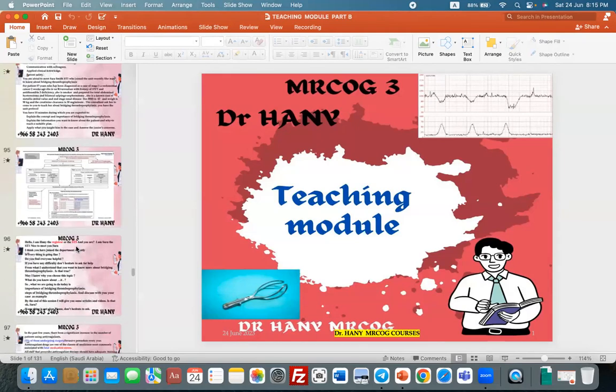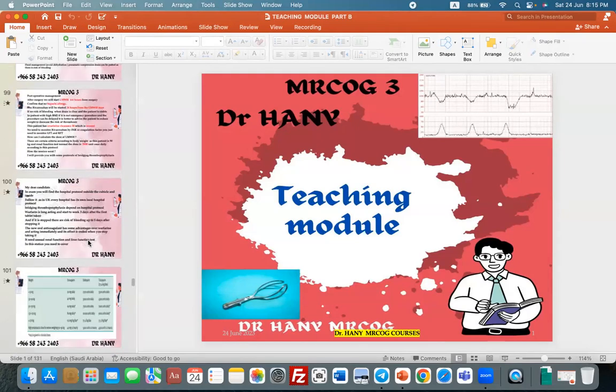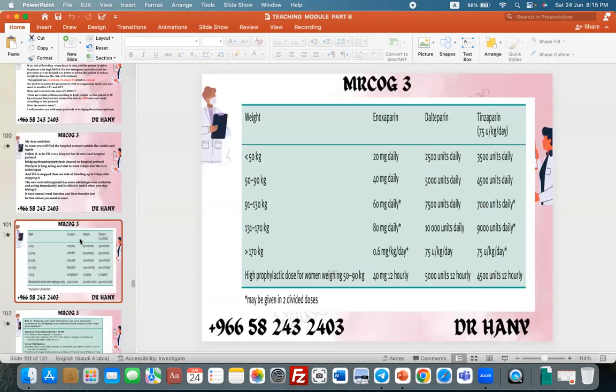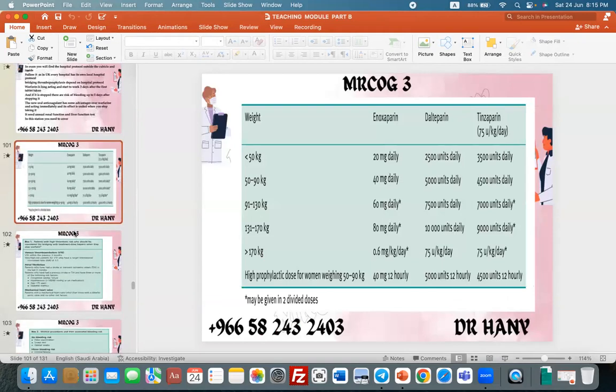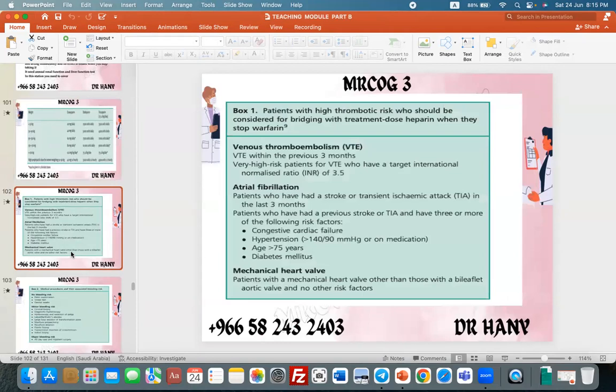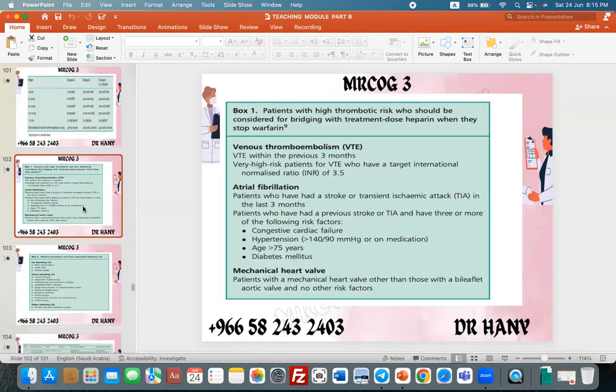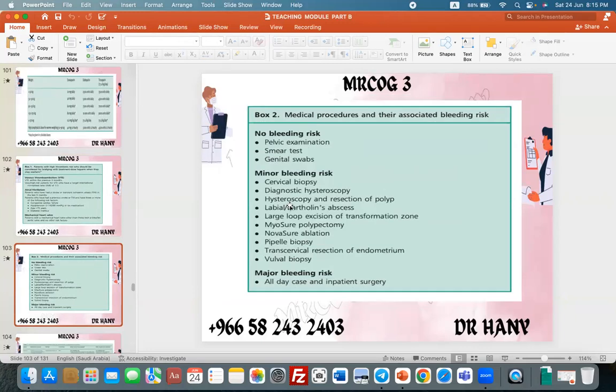Yeah. This is a prophylactic dose. This is the high risk thrombophilia. Yeah, this is the one I want.